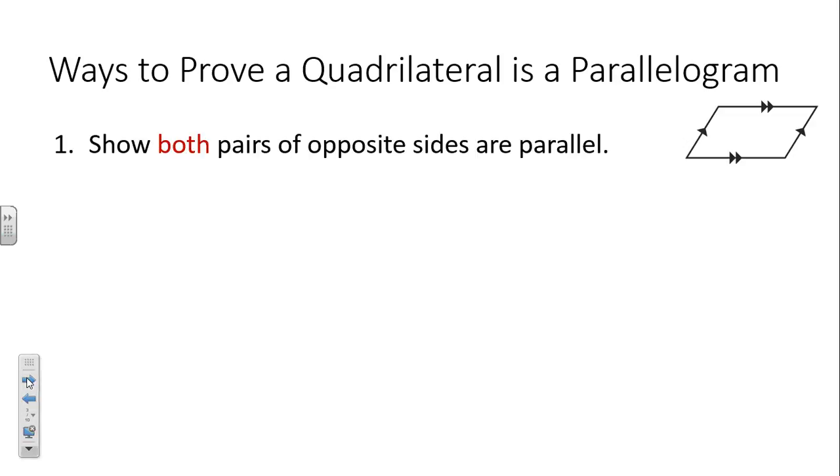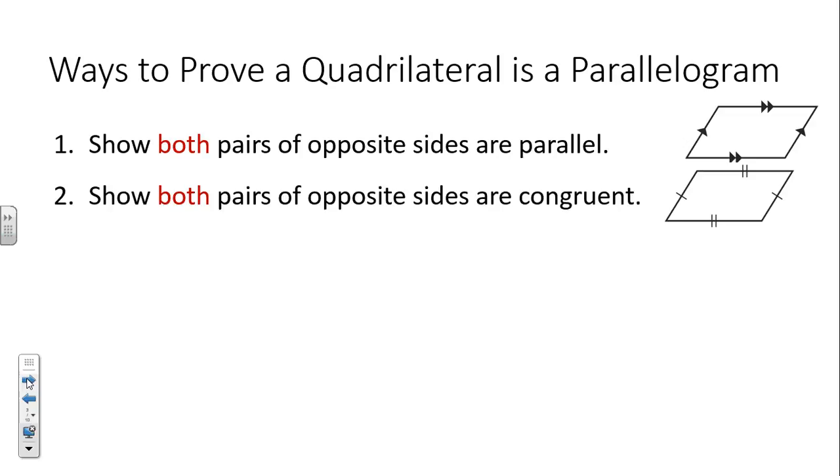Or I show that both pairs of opposite sides are congruent, right? That's a second way of showing it. A third way of showing that a quadrilateral is a parallelogram is that we take the opposite angles and show that they're congruent, right?